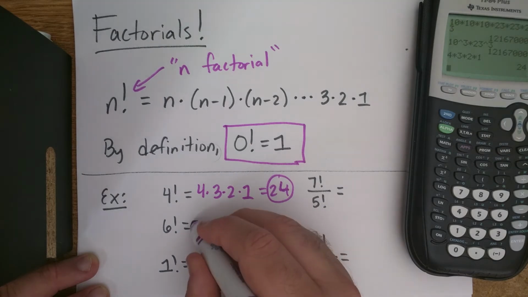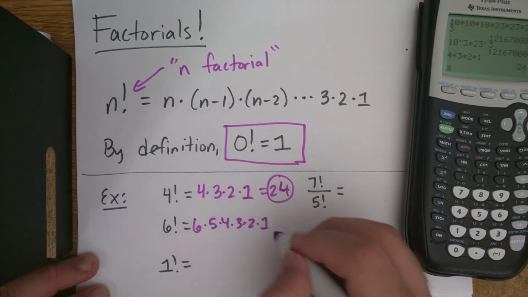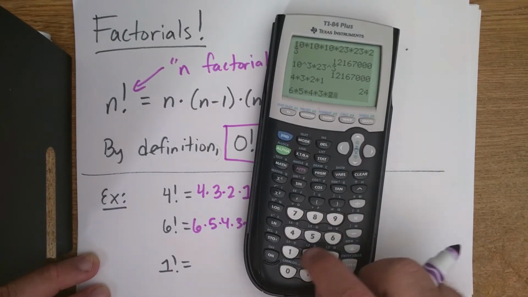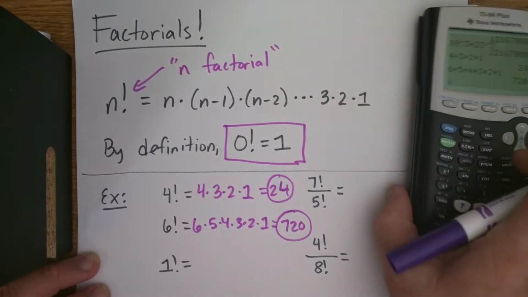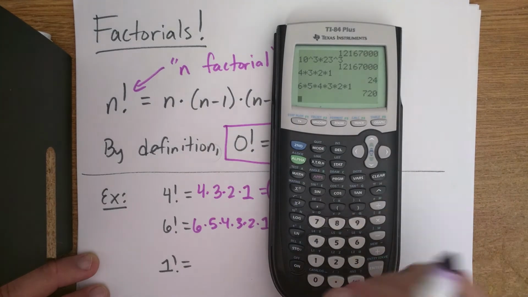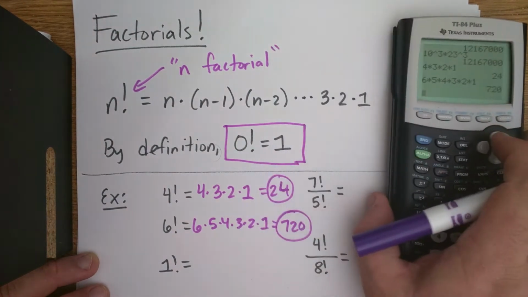Let's try 6 factorial. That's 6 times 5 times 4 times 3 times 2 times 1. That's 720. There is a factorial button on this calculator. I'm going to leave that as a little exercise for you to find it yourself.